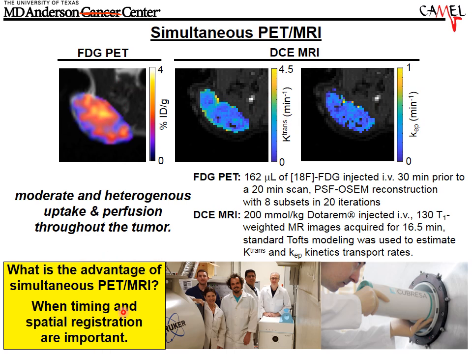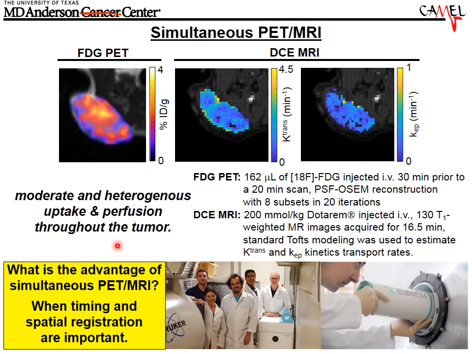I'd like to pause and just focus on this yellow box. What is the advantage of simultaneous PET MRI relative to sequential PET and MRI? I'm asked that very often. And I really do not think it is the convenience or the cost, especially for small animal imaging. I can make a case in the clinic where time is money and so on.